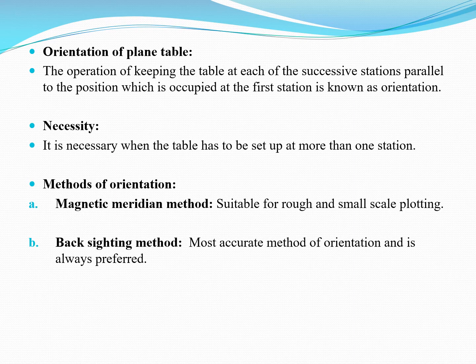This method is generally suitable for rough and small scale plotting. Okay, so the second method of orientation is backsighting.